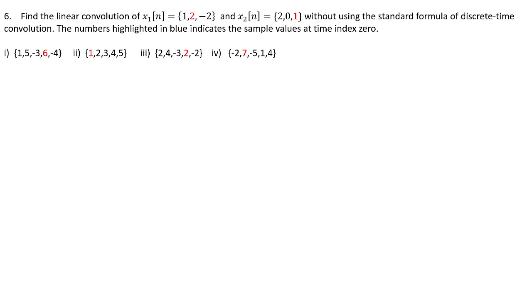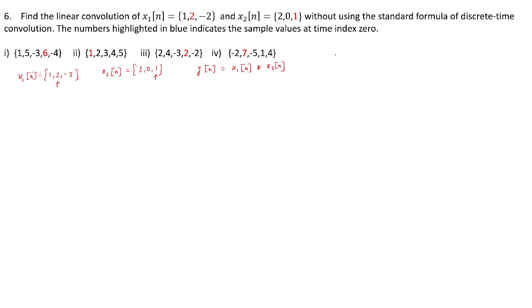That is, x1n is a sequence of length 3: 1, 2, minus 2, where this is the 0th index symbol, and x2n is 2, 0, 1. This is also of length 3, and we are interested in finding yn, which is a linear convolution of x1n with x2n.